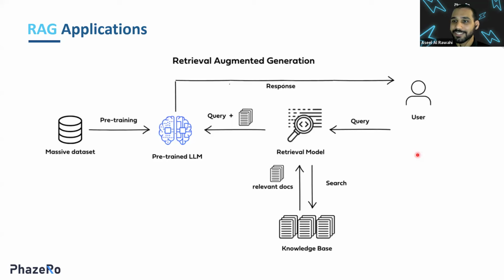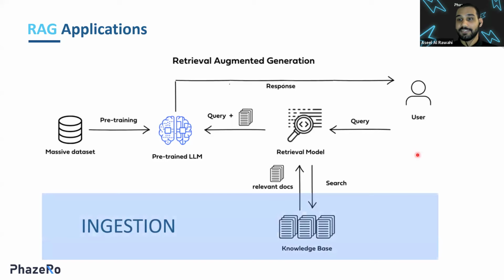But what I would like us to do is break the system into 3 different components, so we can see how we can make every component robust and efficient in our LLM-powered system. The first component is the ingestion.